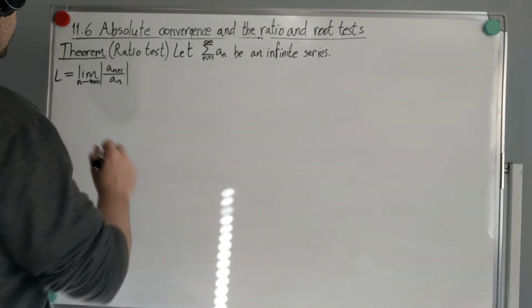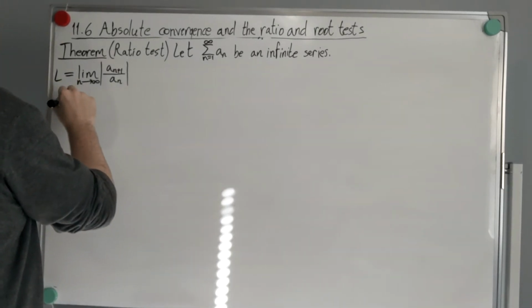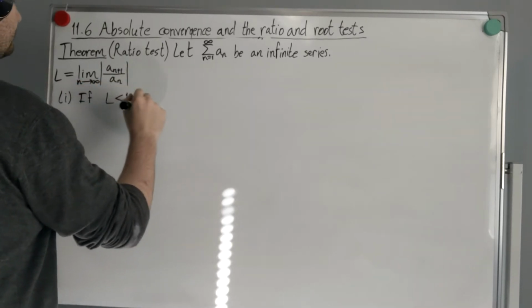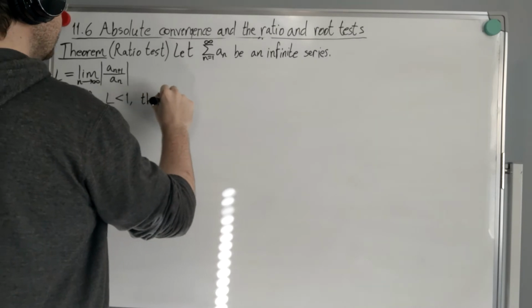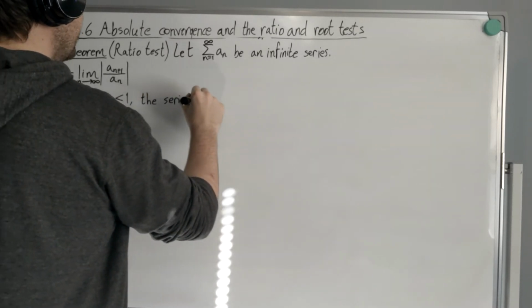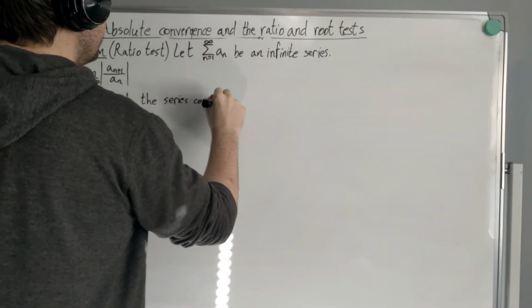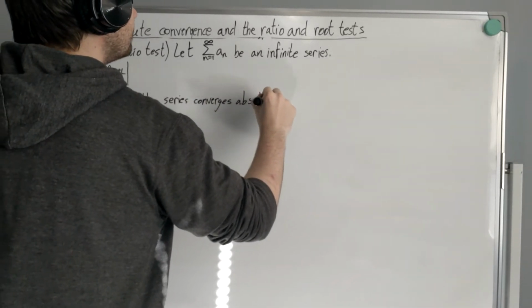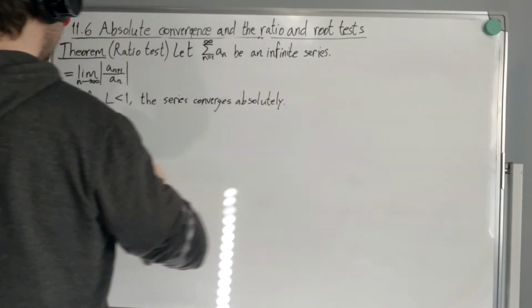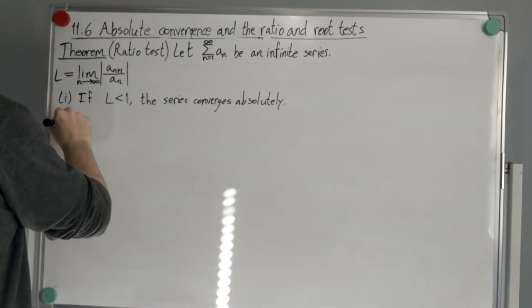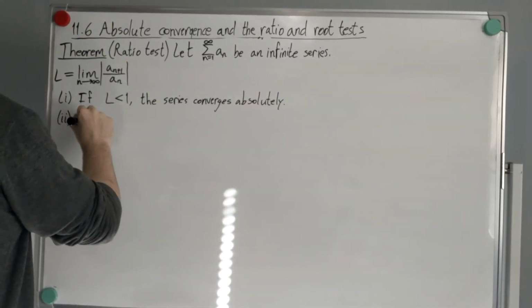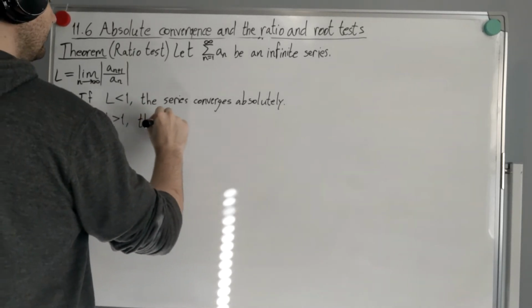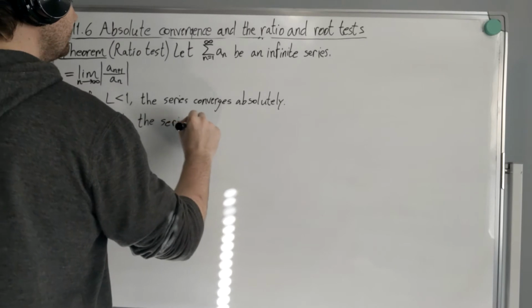Here's how it goes. If L is less than 1, the series converges absolutely. If L is greater than 1, the series diverges.